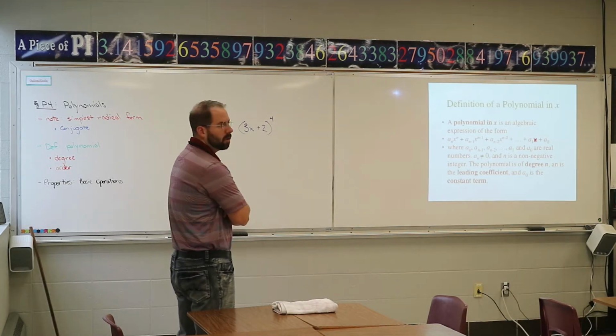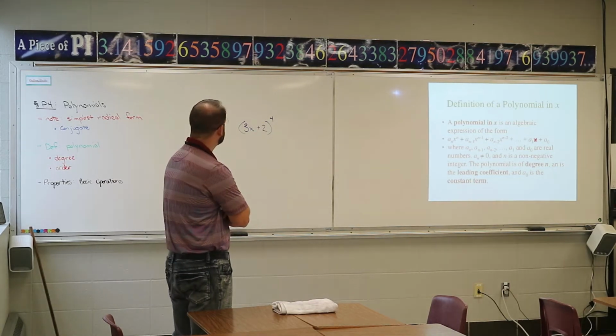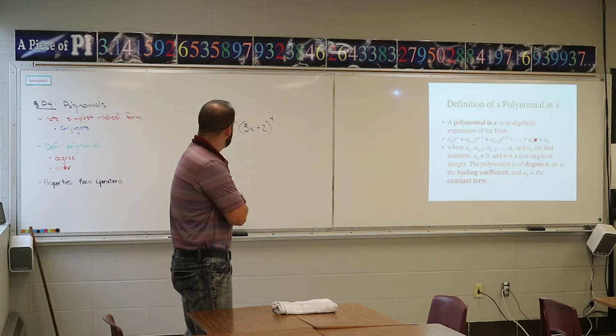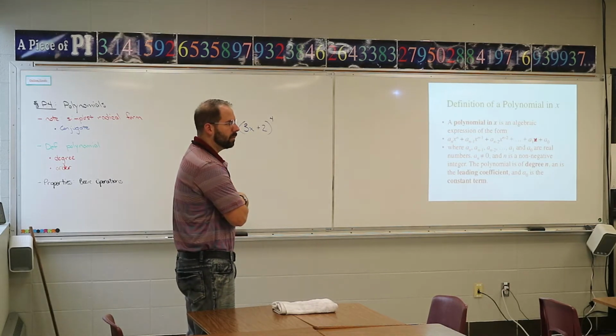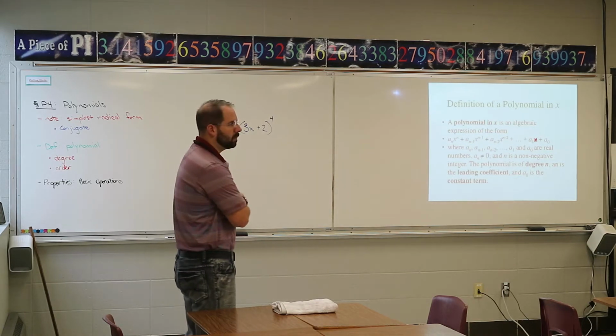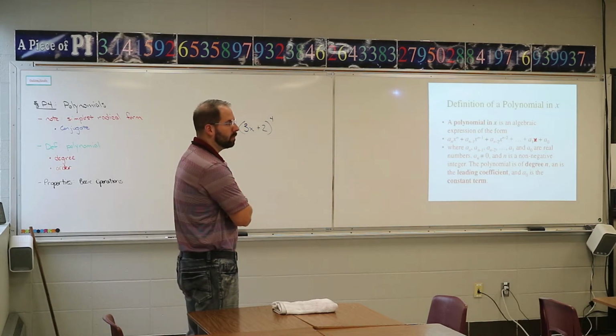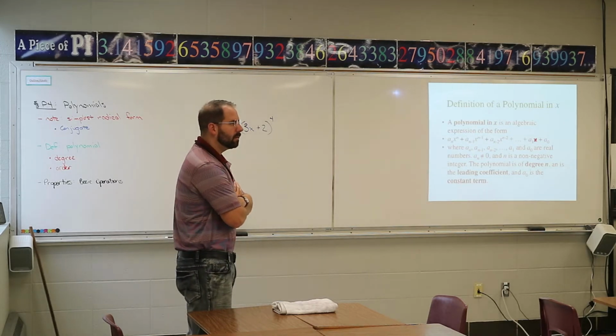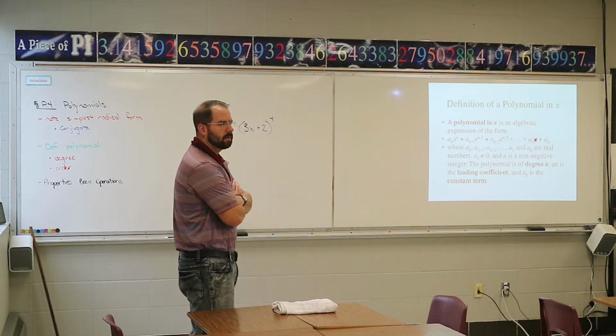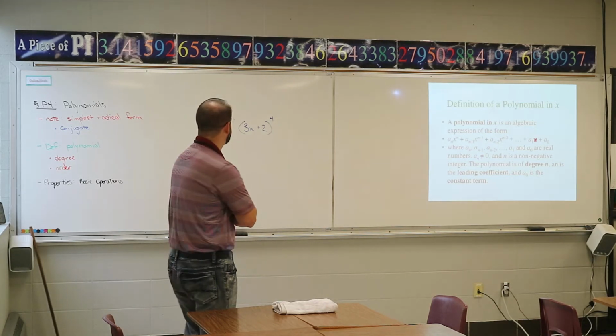Okay, it's a polynomial, got a degree on it. What do we need to do here? What is this problem asking you to do? What does that little 4 mean?